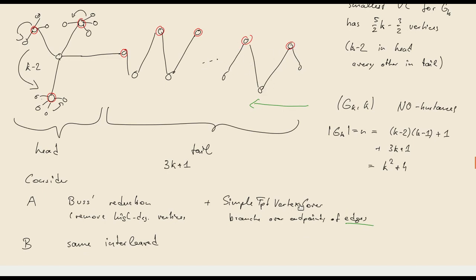Well, okay, the simple algorithm doesn't even remove degree 1 vertices. So it starts here, and there's enough nodes so that you can just spend all the 2 to the k steps in the tail. And after that time, you will notice that there's a good deal of the head left with edges that you will not cover.